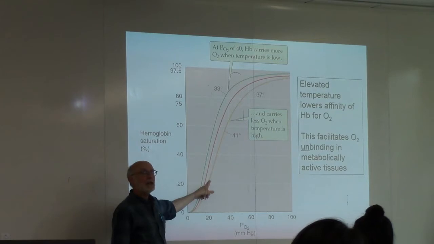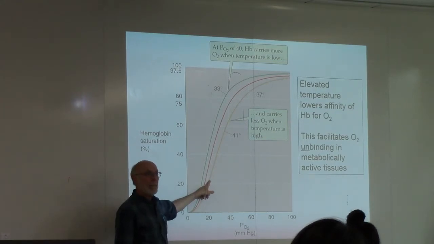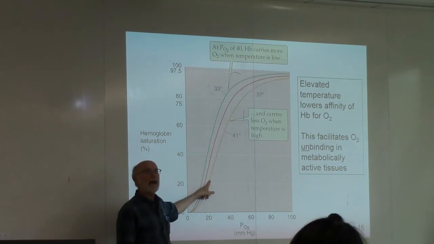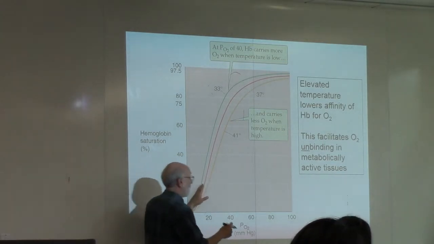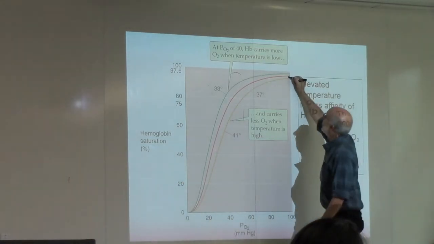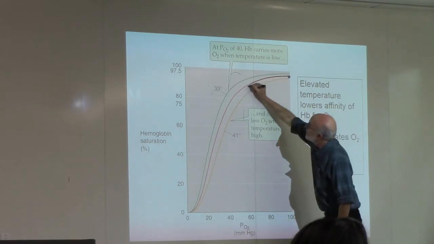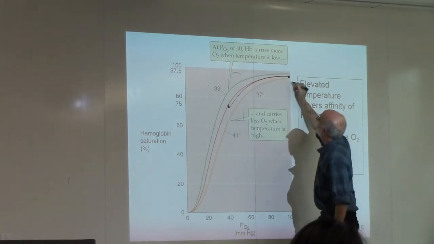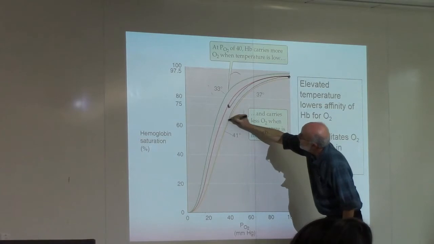When your body temperature is high, like during fever, or during exercise, or in a location that's high, like a muscle that is exercising strenuously, it's on a slightly different curve, and instead of moving to here, we move to here.